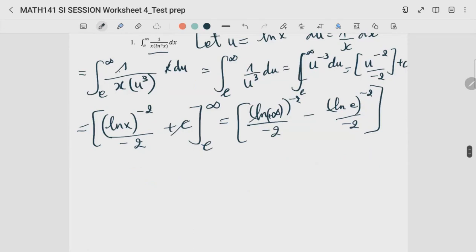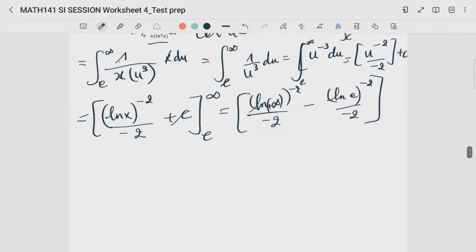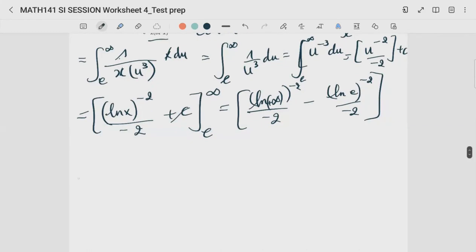Now, ln of e is 1. But now, what is ln of infinity? Is it not infinity? Yes. So when your x gets higher and higher, your ln gets to a higher and higher value, right?